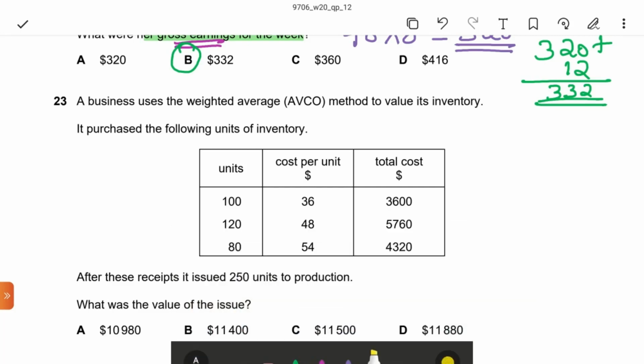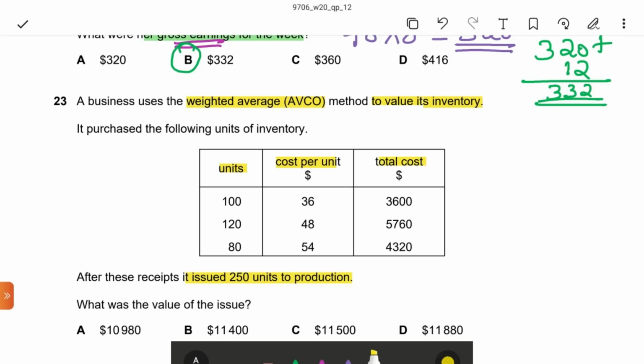A business uses the weighted average cost method to value its inventory. It purchases the following units of inventory; they are given the units, cost per unit, and total cost. After these receipts, it issued, meaning sold, 250 units to production.